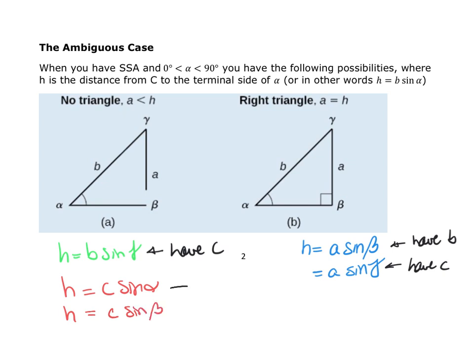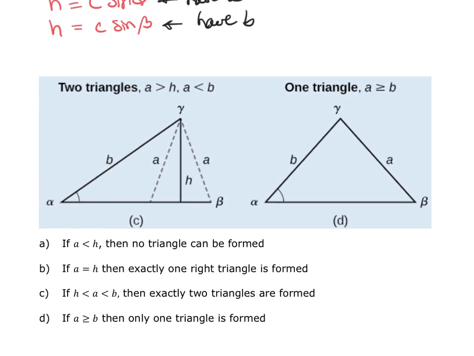And again, you would have C and you would also have A, and here you would have C and you'd also have B. So the height, really, you don't want to memorize all these. You just know that you have two of the sides and the height is going to be one of the sides multiplied by the sine of the angle not opposite the side you're using for the height. So you don't have to memorize it as long as you understand it.